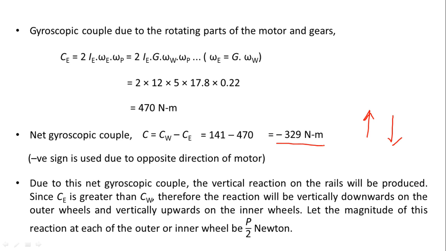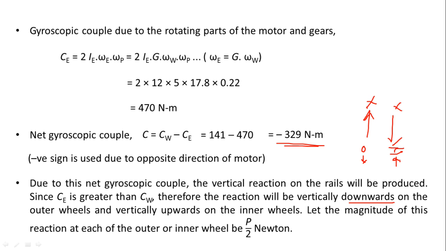But here we get a negative answer, so the direction is opposite: downward reaction for the outer wheel, upward reaction for the inner wheel, as the rolling direction is reversed.